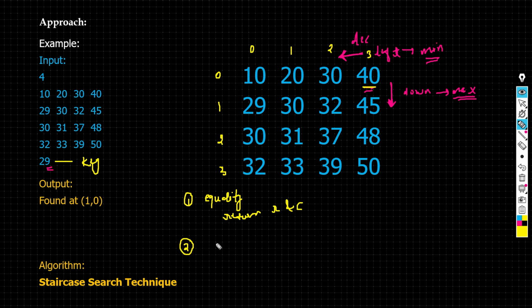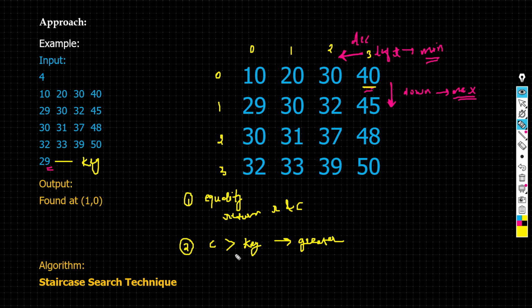If it is greater, that is, if the current value C is greater than the key, this is the case for greater. The current value 40 is greater than 29, that is true. So what do you think, which side should we move?